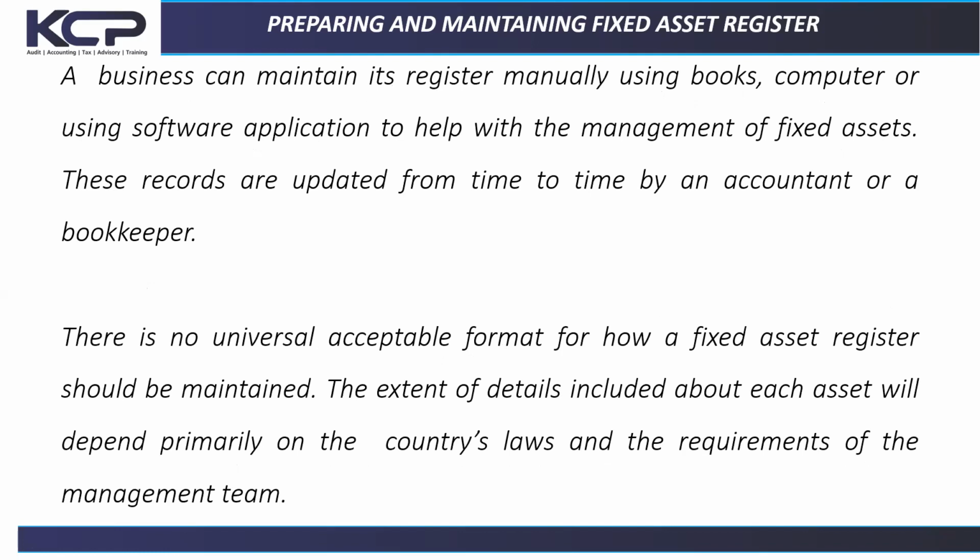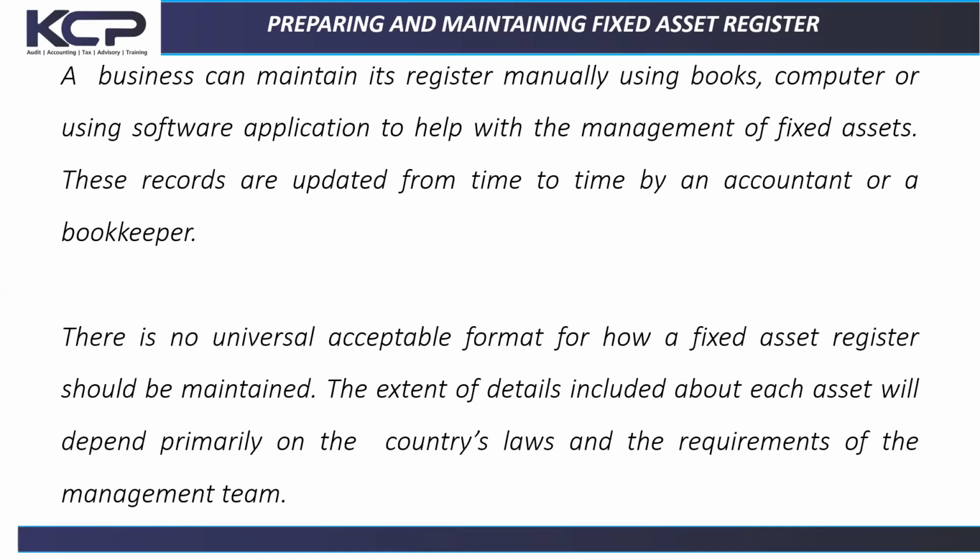So a business can maintain its register manually if you so choose. By that, it means that you have a book that you call the fixed asset register, and you update the assets as they are bought, using books or computer or using a software application to help with the management of fixed assets.